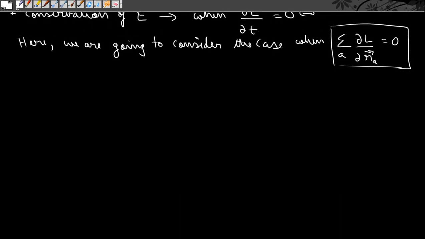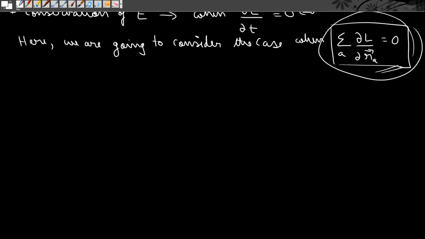For now we will just consider mathematically what is going to happen, and then we will understand its physical significance through some examples, thus making this condition more clear. So let's say that this condition is satisfied.